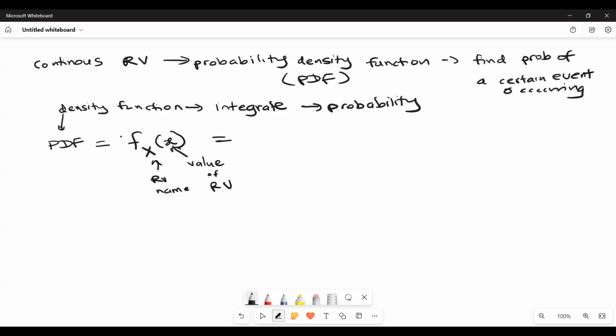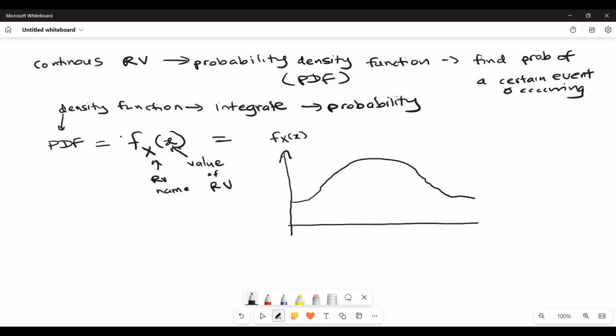So let's say we have a plot like this, where the probability density function is going like this, with a distribution like this.